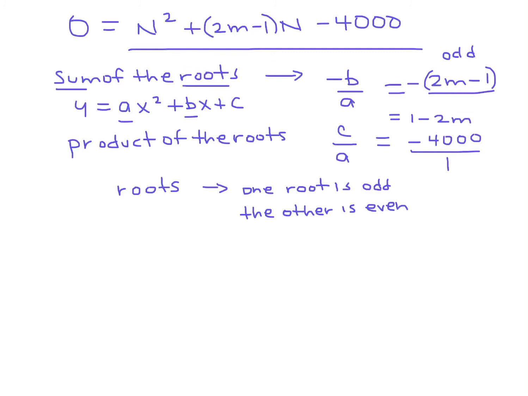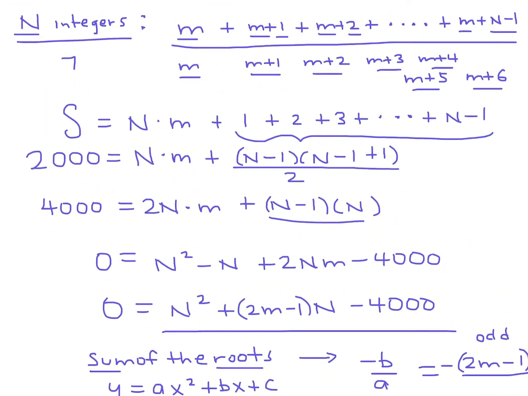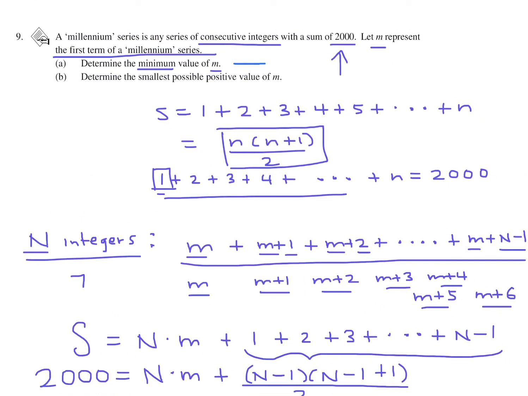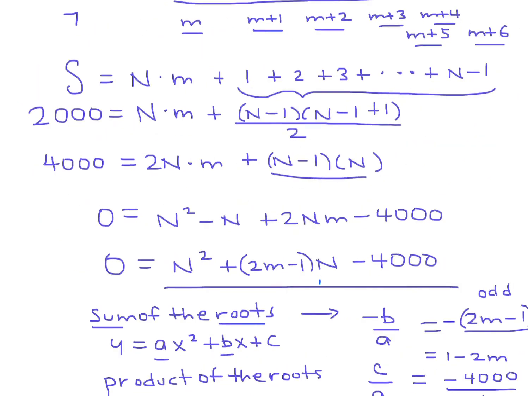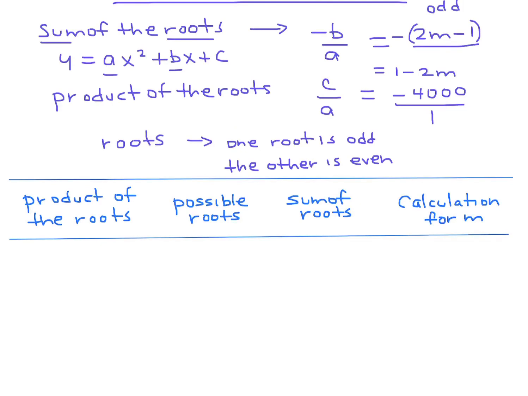All right. So we've got everything we need to proceed with trying to figure out what is m. Because remember at the beginning of the question, they asked us, determine the minimum value of m. So now what we need to do is we need to make a table. So in my table, I'm going to have 4 columns.